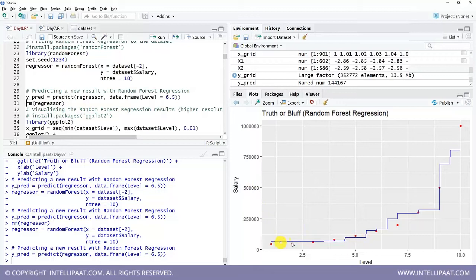Okay, so the graph looks like this. To make it more vertical or steep, we increase the resolution. Now it looks better. From the visual point of view, the graph is okay. From the prediction point of view, we are not happy. So that's why we increase the number of trees to 100. Let us again see how the graph looks.